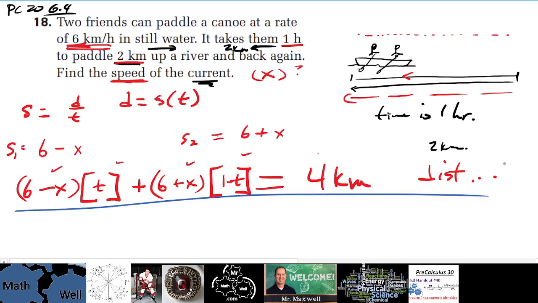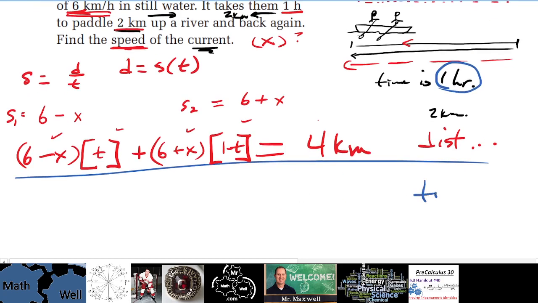But let's talk about time, because we do have the total time is 1 hour. So let's talk about time now. Time equals 1 hour. So how do I get time from speed and distance? And knowing that here it's 2 kilometers one way. Okay, so time equals distance over speed. You see that?